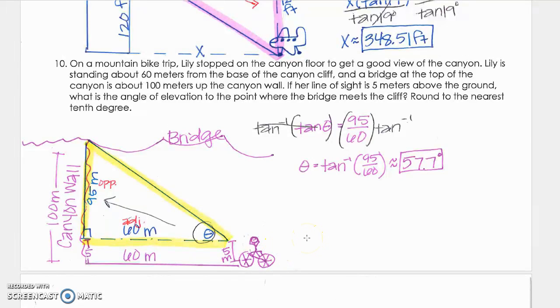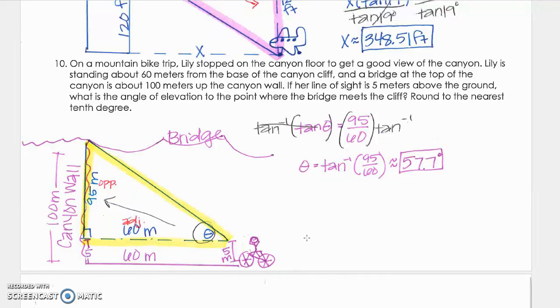And then finally, number 10, we have a little bit of an added length here. Kind of like when we did the forest ranger example. If you'll remember the forest ranger, his observation tower was 90 feet tall, and then he was 6 feet tall. In this case, Lily, her eyesight is 5 meters above the ground, so your triangle is kind of elevated above the ground.